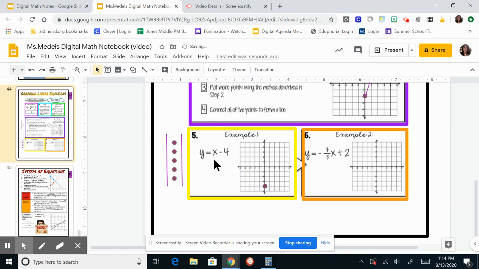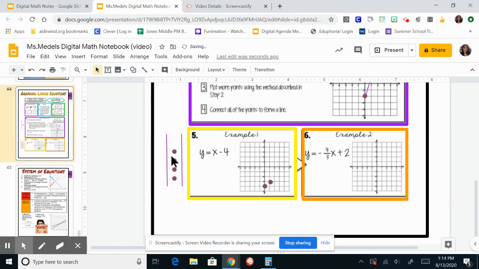Now my slope is an x. When x is by itself, that means that there's 1x, so 1 over 1. That means I'm going to rise 1 and go over 1. So from the original, up 1, over 1. Sorry, I'm trying to line it up as best I can.